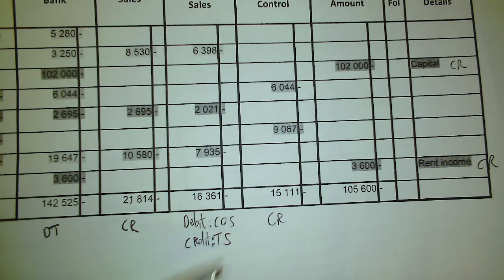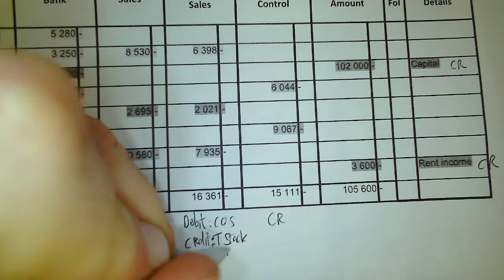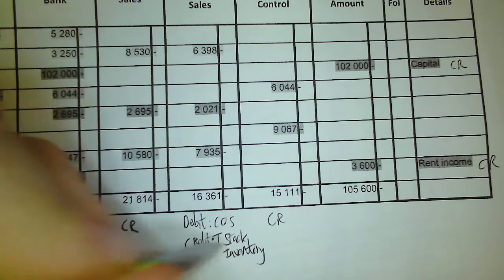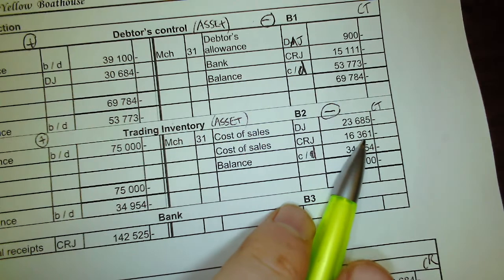Why? Because I'm selling this trading stock. So if you're not sure what to do with cost of sales, ask yourself what happens to trading stock or inventory. Okay, so there you will see 60,000 on the credit side.